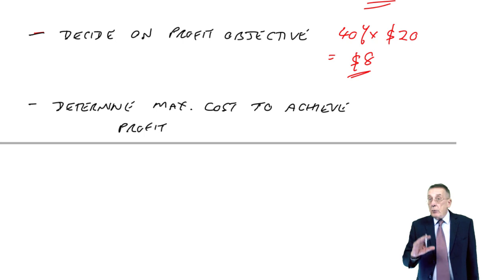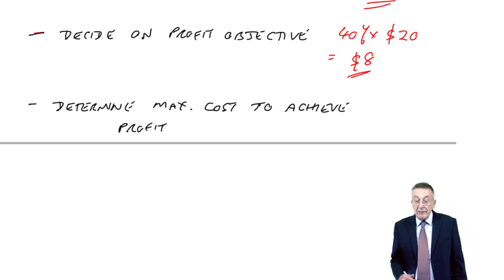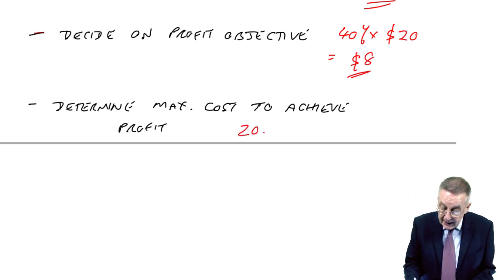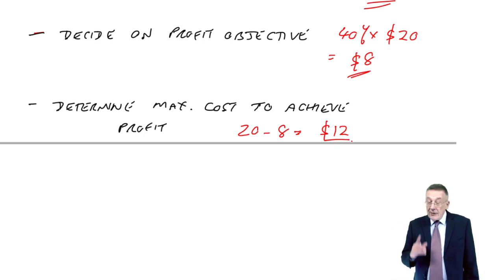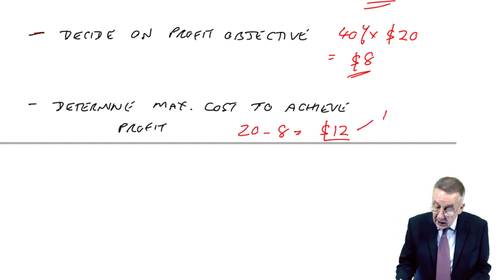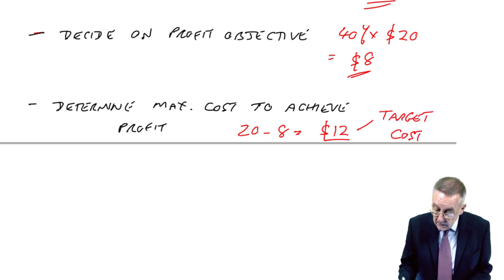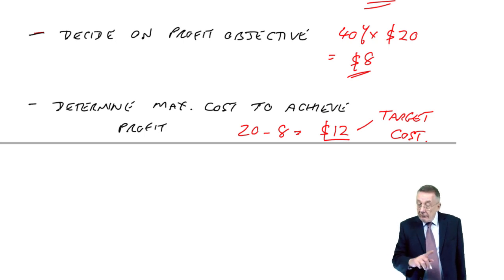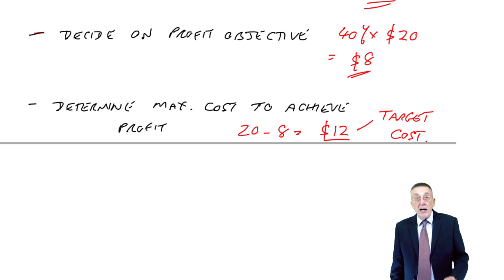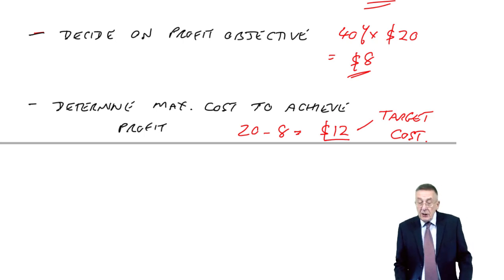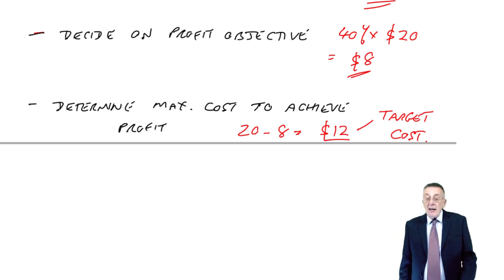And so here, if we're going to be selling it at 20, if we want a profit of 8, then surely the maximum cost will have to be $12 per unit if we're going to make that profit. And that 12 is the target cost. Now, arithmetically, I've finished example 1, but let me carry on to show you how this is used and what the importance of it is.